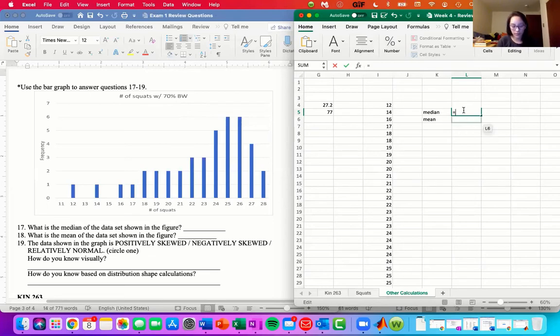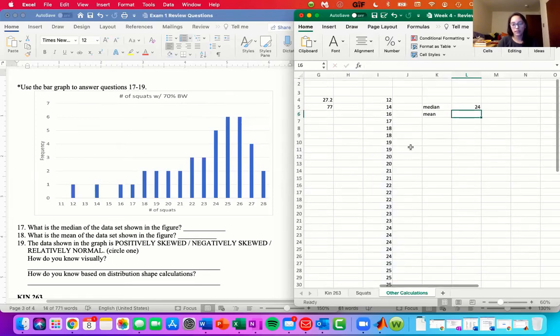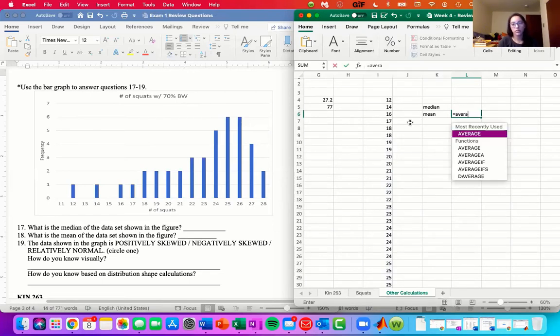But okay, so equals median. You can see the function pops up here, so you know it's a real thing. And then we can say, I want the median of this data. And then I can also calculate the mean, which I do using the average function.